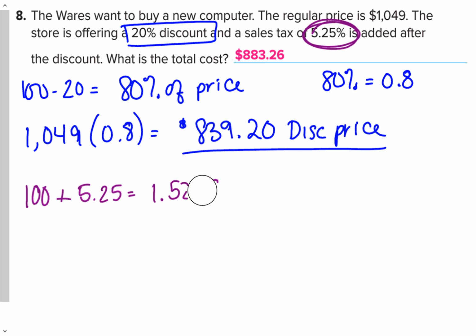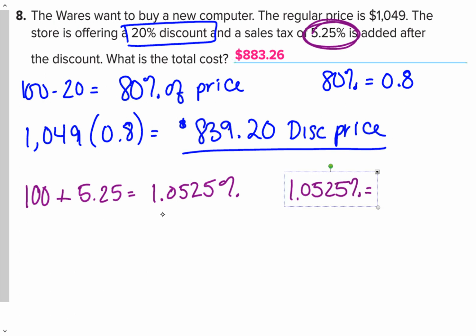It's actually 105.25%. I'm messing up over here. Sorry, guys. 105.25% is 1.0525. Okay.